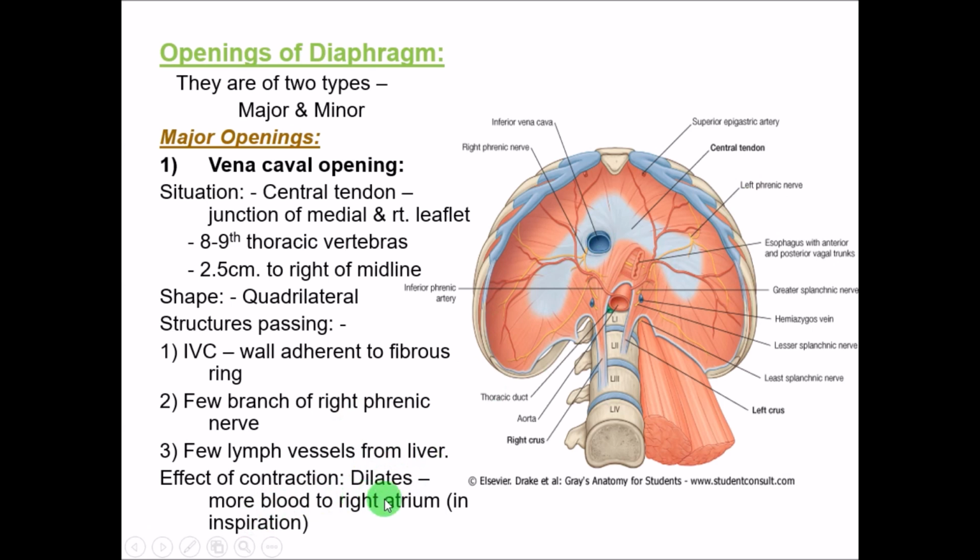It will push the blood from the abdomen as well as the lower limb into the right atrium of the heart, especially during inspiration. So whenever there is contraction, it pushes the blood into the heart.